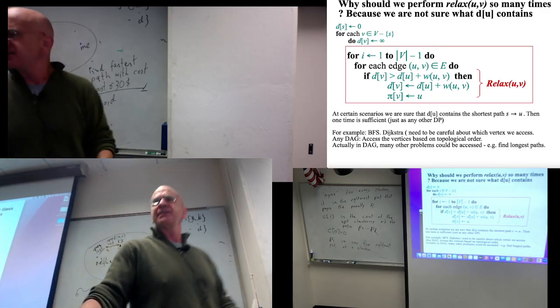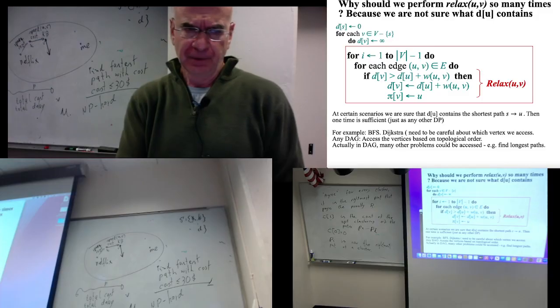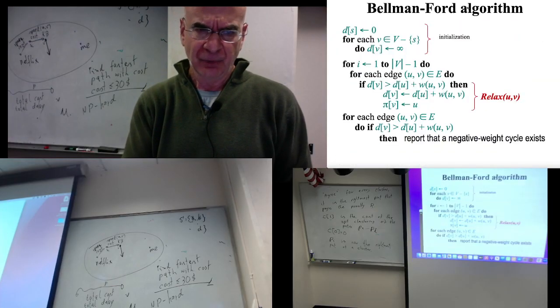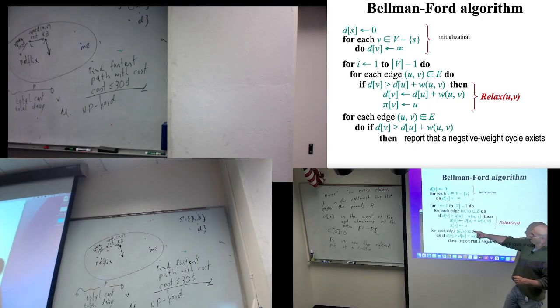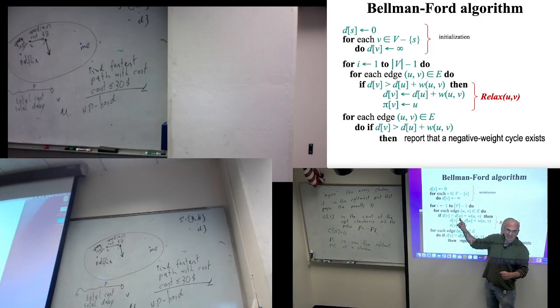And the big hint is, go back to the relax operation, go back to Bellman-Ford. But now what I store in D of V and D of U is not a single value, but a certain set of values. For example, what is the shortest path, weight-wise, that contains 1 edge?